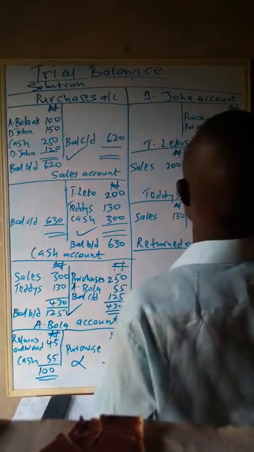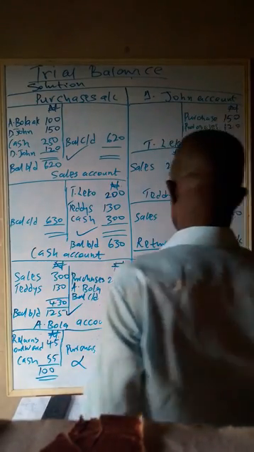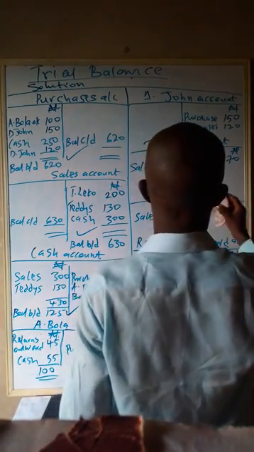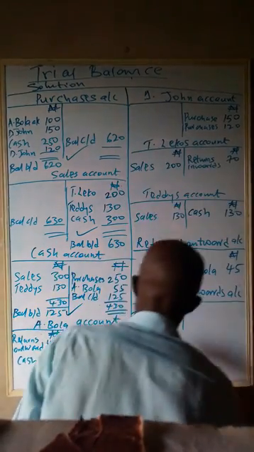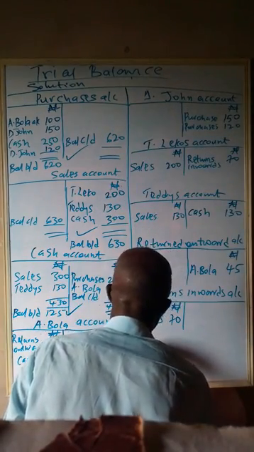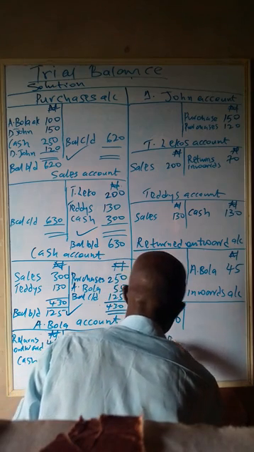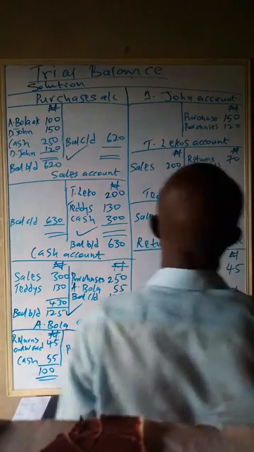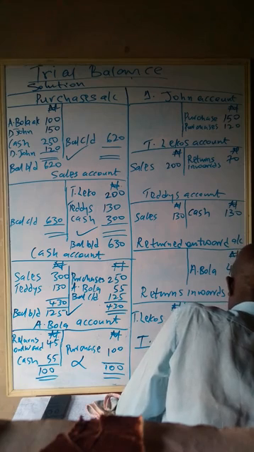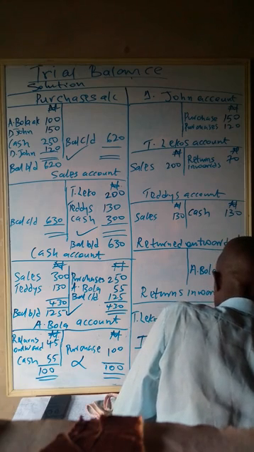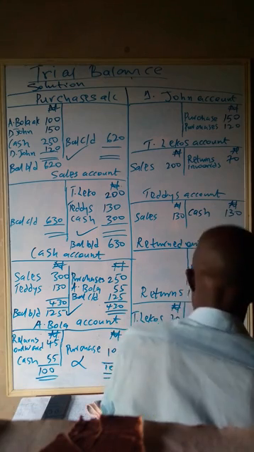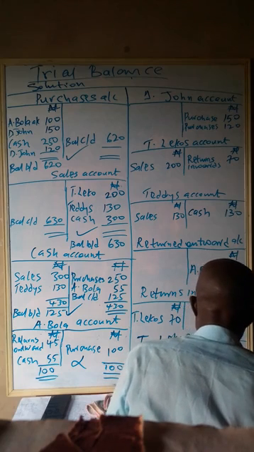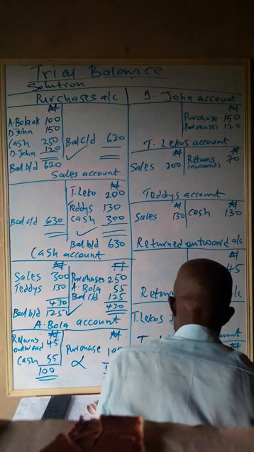D. Jones's account. We bought goods from him. Let me remove this T liquors because let me put it here. T liquors account. I have my purchases 150.